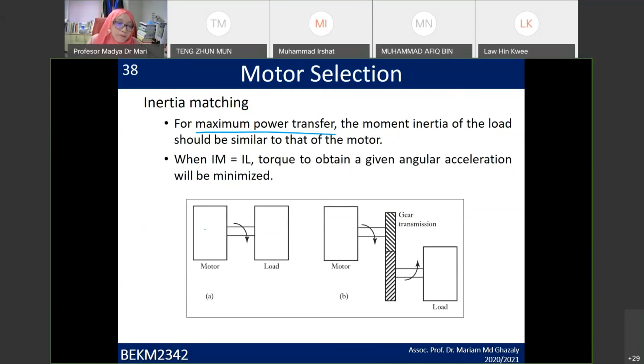If you have a motor over here and you have the load, and the load is higher than the motor capacity, it means the motor capacity is lower and the load is too heavy, so you cannot rotate it.